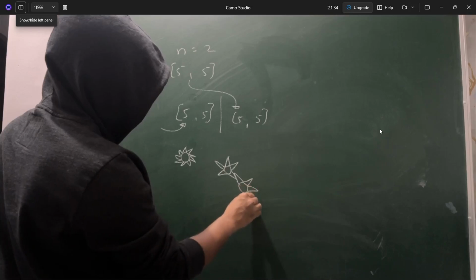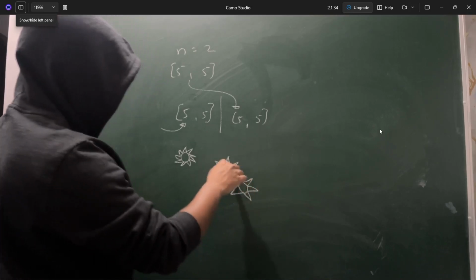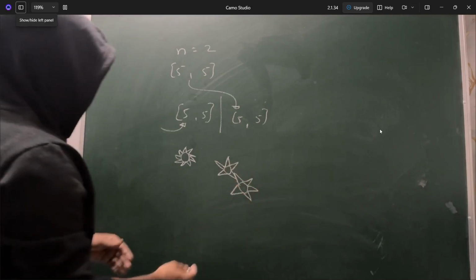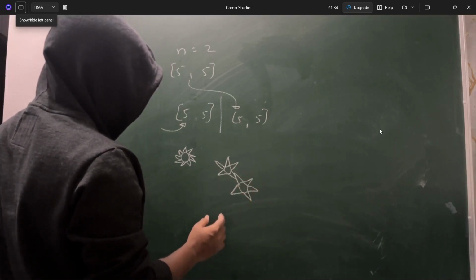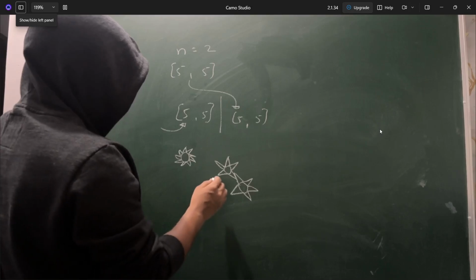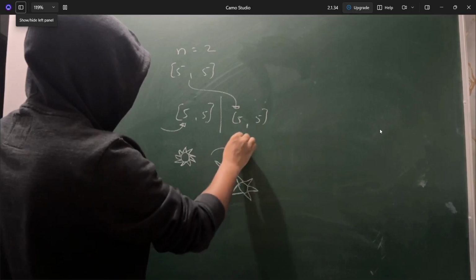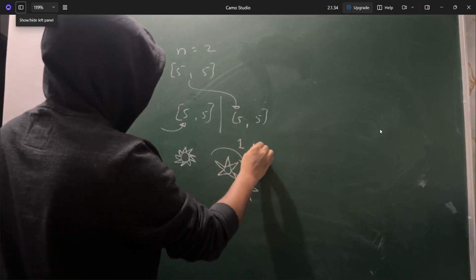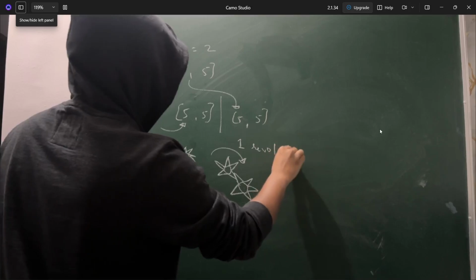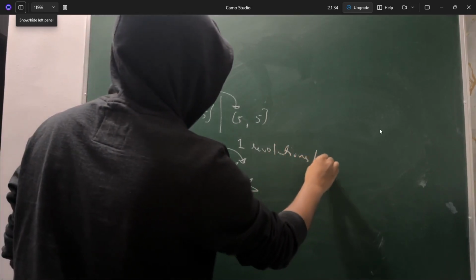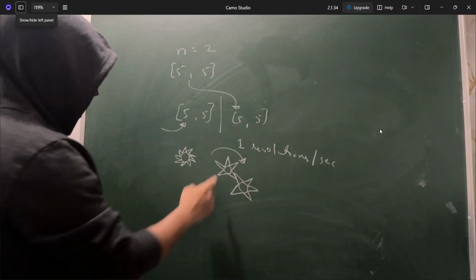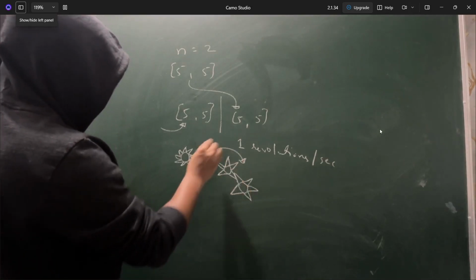In this way they are connected basically. And the leftmost one will be rotated at 1 revolution per second, meaning in 1 second it will rotate only one time.